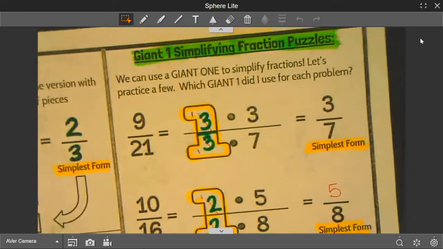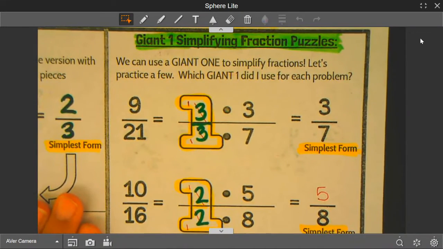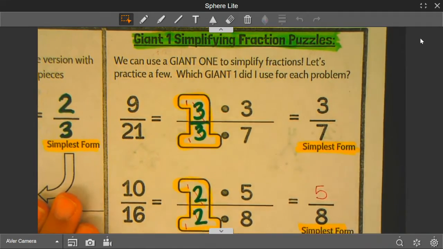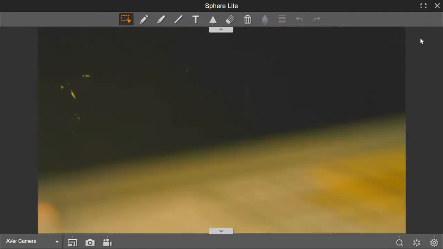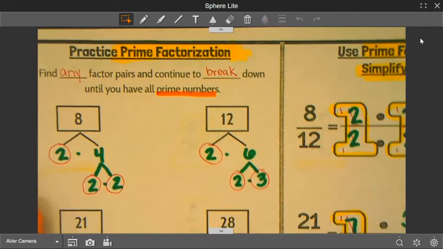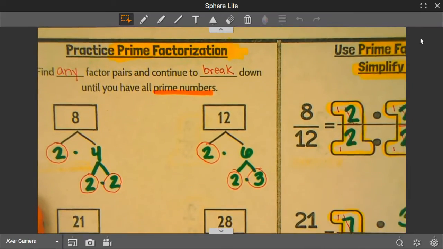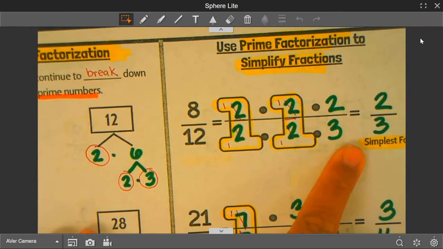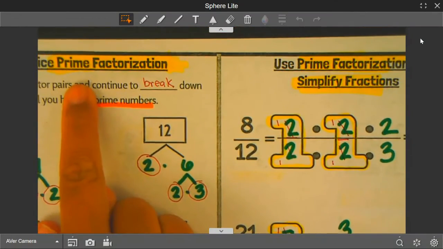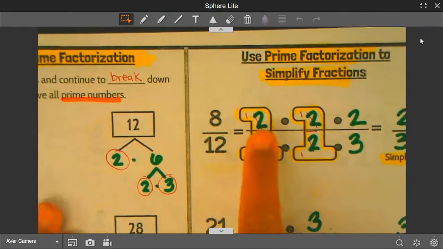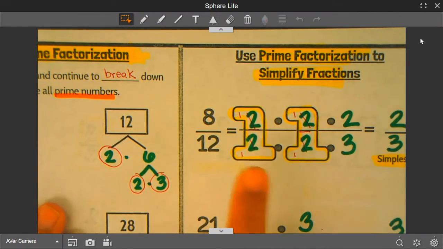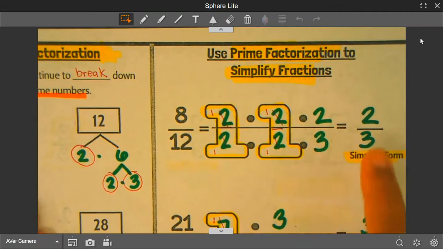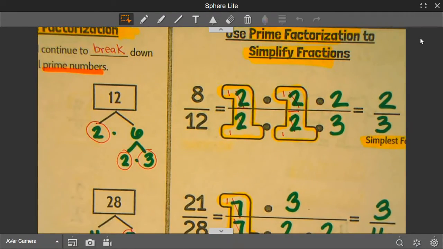And then we took a look at some giant 1 puzzles to simplify a fraction. And then here we worked side by side to see that, well, how do we get these numbers to simplify a fraction? Well, we prime factorize to find the factors for each number, and then we use the giant 1s to simplify the fraction. Okay?